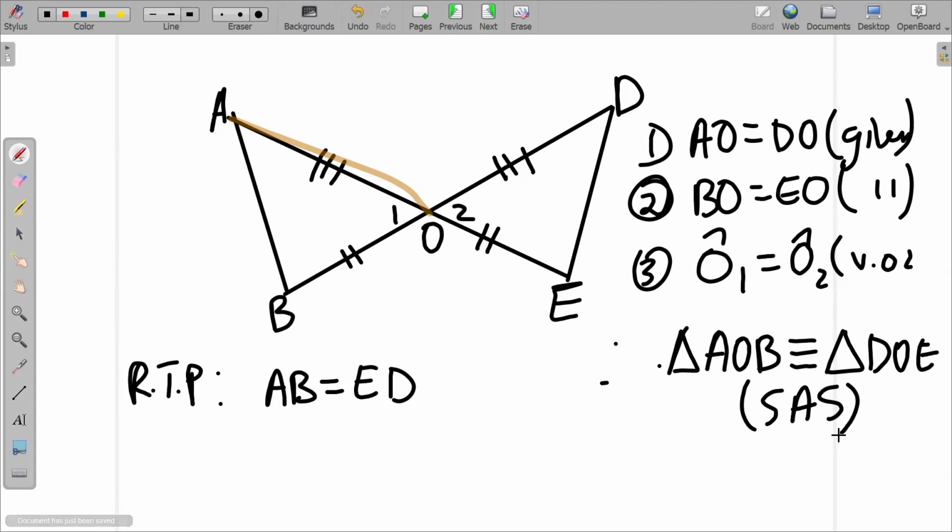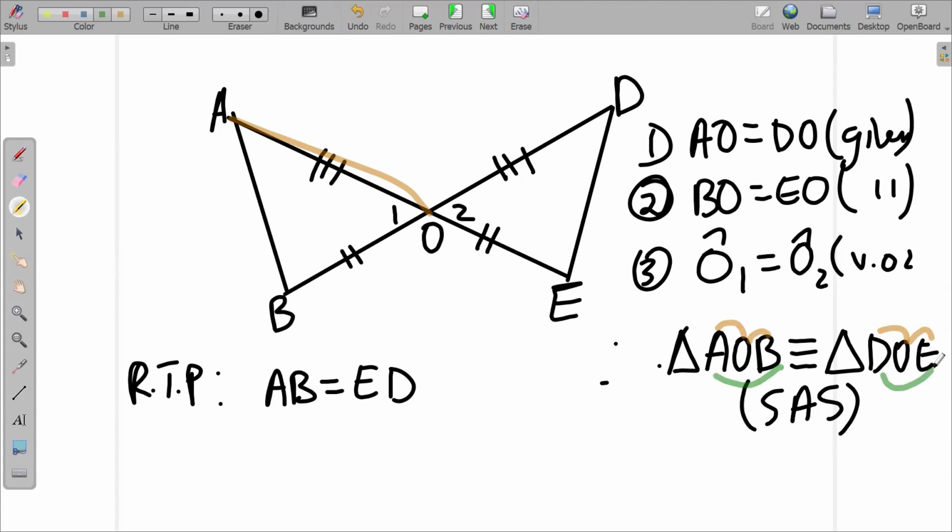Now that you have shown that the two triangles are congruent, you can conclude that the following is true. You can conclude that AO is equal to DO, which is quite obvious. We know this one from our proof. We also know from our proof that BO is equal to OE. We're good. But what we did not know from our proof, and we can now conclude, is the fact that AB is DE.